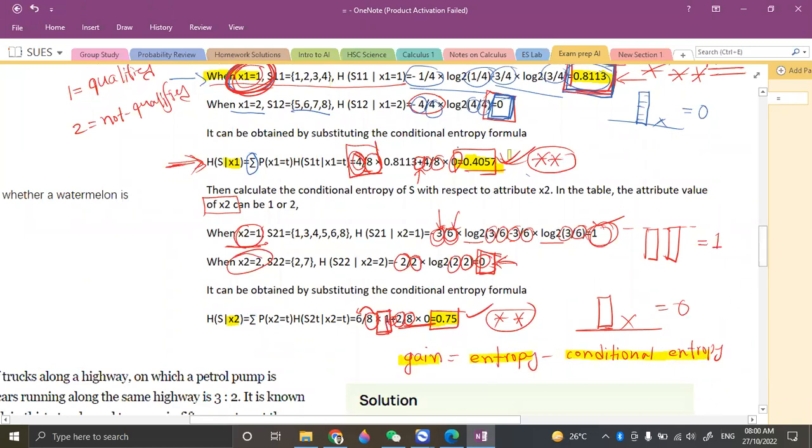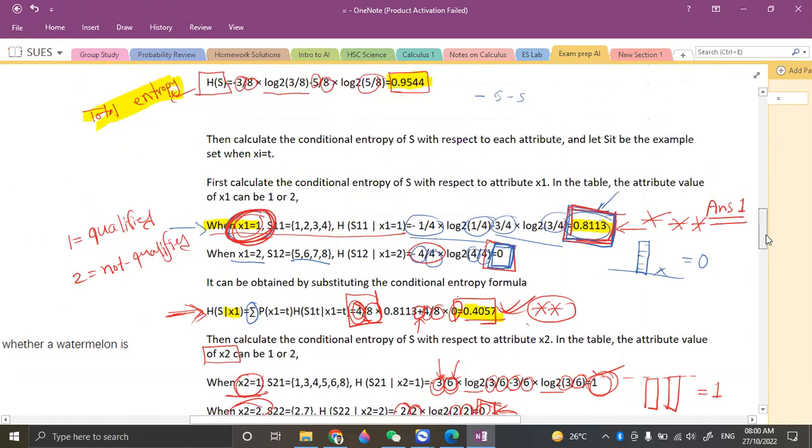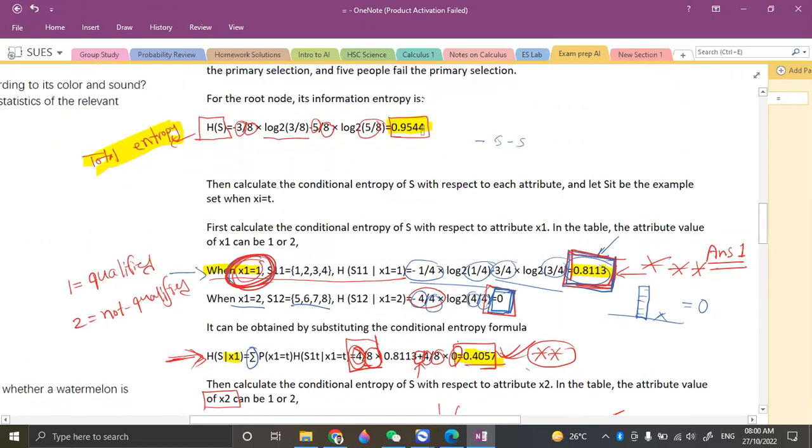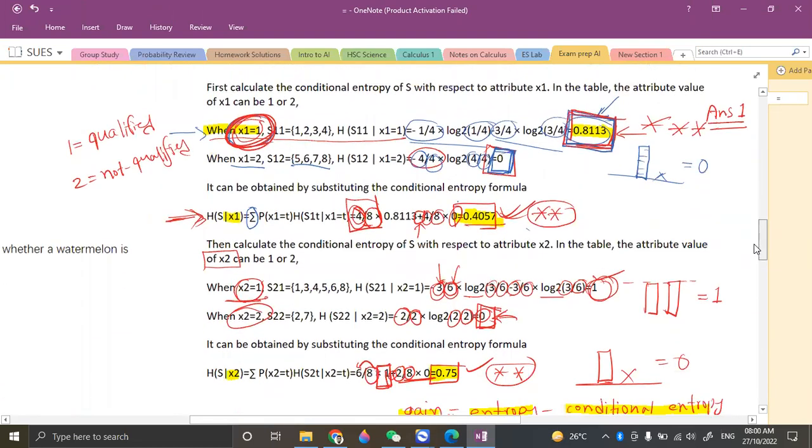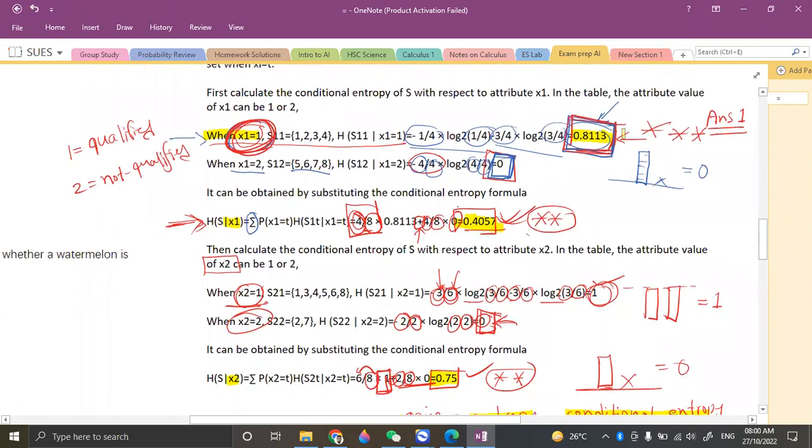So here the entropy is 0.9544, right here. And here is our conditional entropy. Our first conditional entropy result is 0.8113, and the second conditional entropy result is here, right?